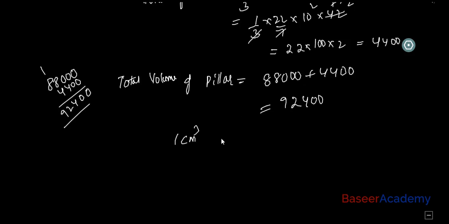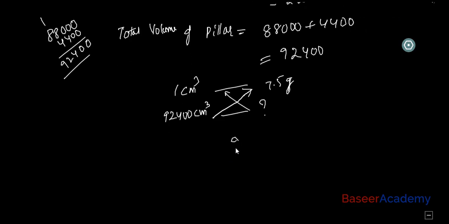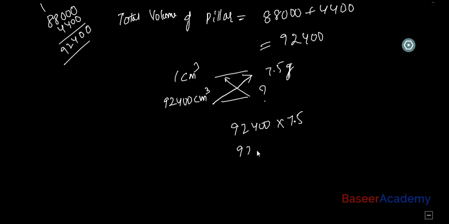Now in the question it is given that the weight of 1 centimeter cube of iron is 7.5 grams. What is the total volume that we have? It is 92,400. So this 92,400 will multiply by 7.5. For simplification, I'll convert this decimal number into a fraction. After the point I have one number, so I'll place 10.